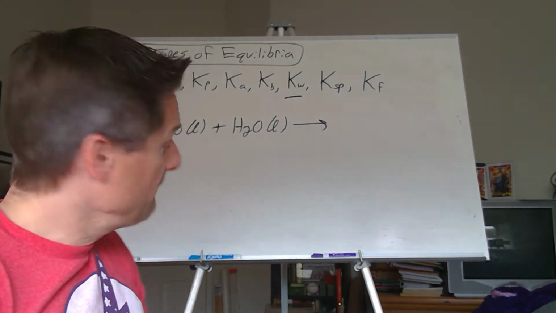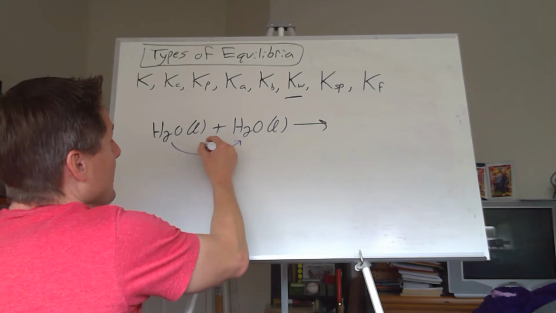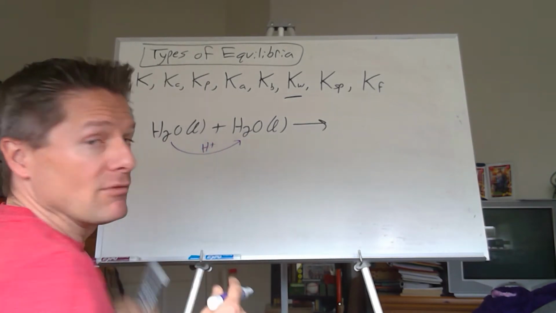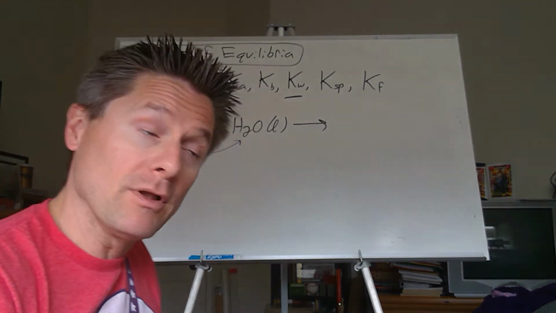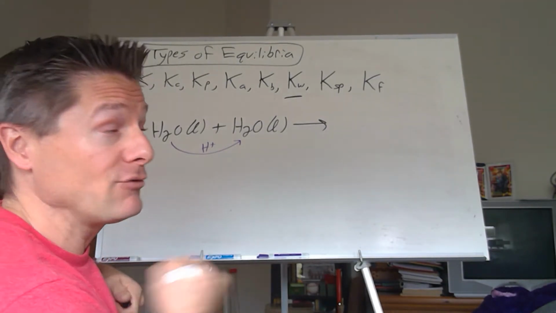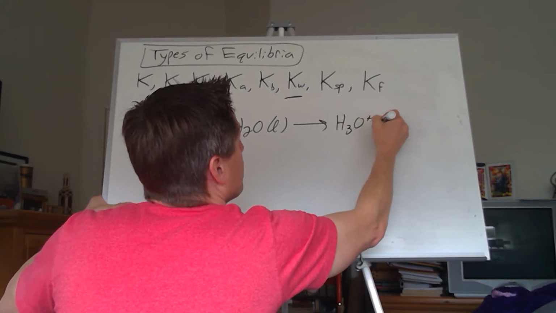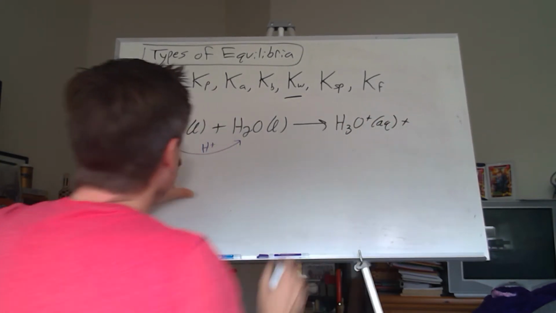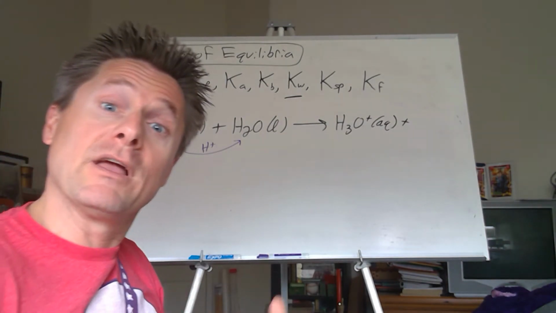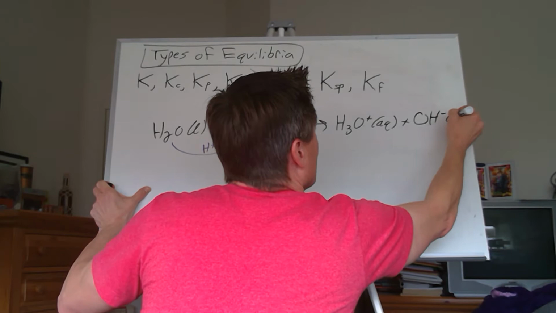Very, very weak, but this can actually autoionize by donating a proton to another molecule of itself. So in that scenario, this water would pick up an H plus and turn into the hydronium ion. So we're going to get H3O plus. And then the other water lost an H plus, so it becomes OH minus. So let's write our hydroxide ion over there.